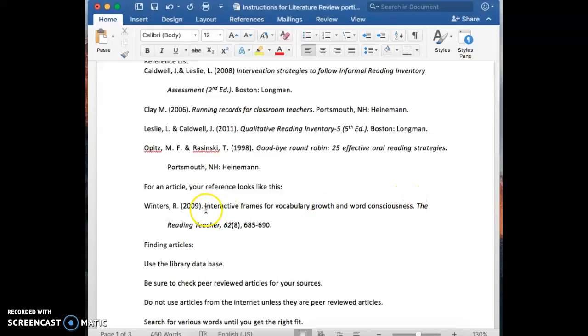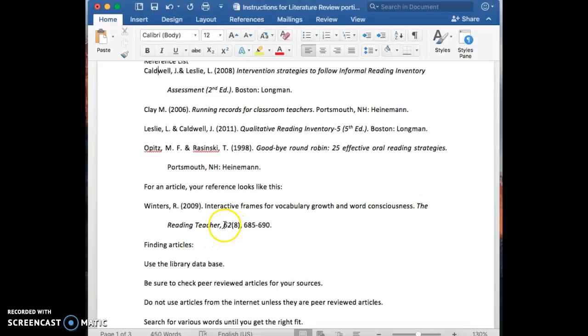Again, it's only capitalized on the first word. If there's a colon in the title, you capitalize the first word after the colon, and again, you capitalize all proper nouns. The Reading Teacher is the title of the journal, and that gets capitalized.